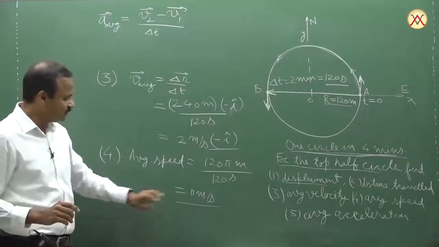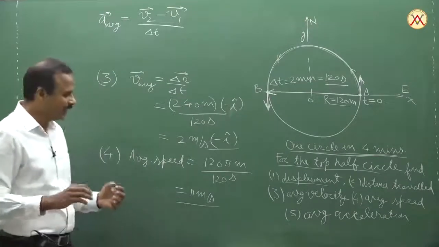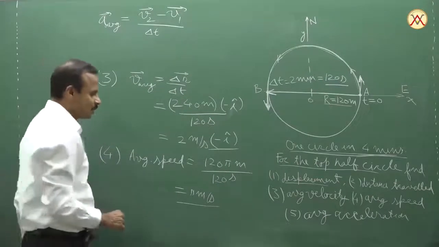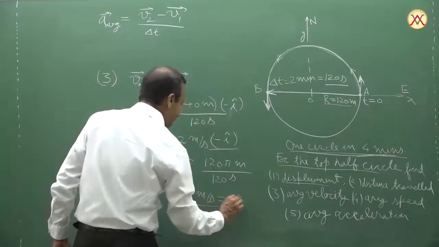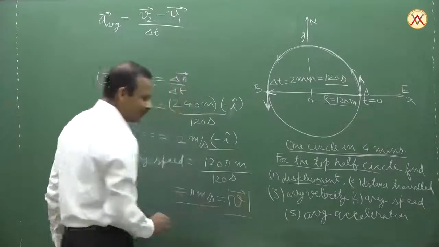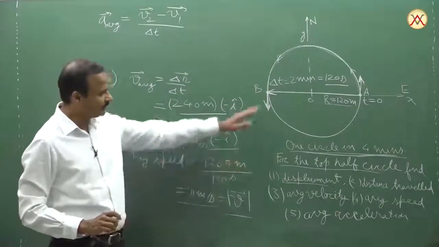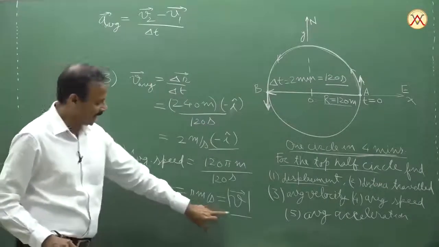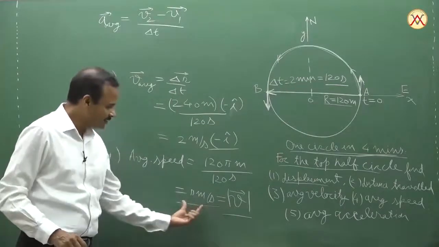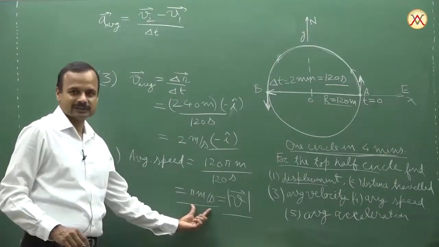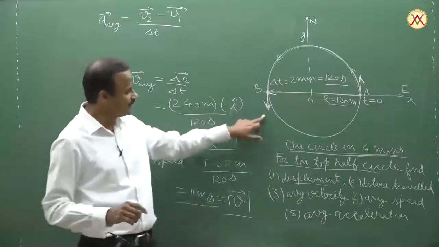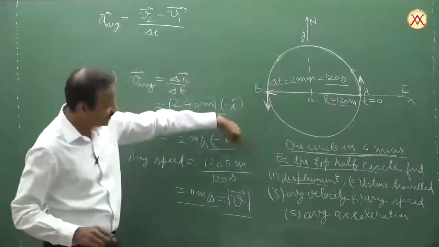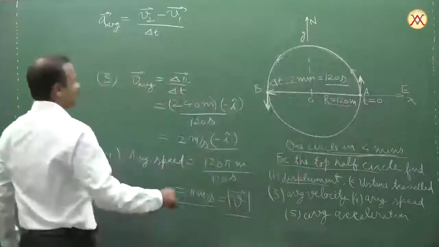So the average speed which we have calculated, pi meters per second, is also the instantaneous speed, or you can say this is also equal to the magnitude of the velocity vector of the particle. And the magnitude of the velocity is of course constant. So the v2 vector and v1 vector both have the same magnitude, which is pi meters per second. And direction, we can see from the diagram, the final velocity or v2 vector has a direction of minus j cap, and the v1 vector is plus j cap.